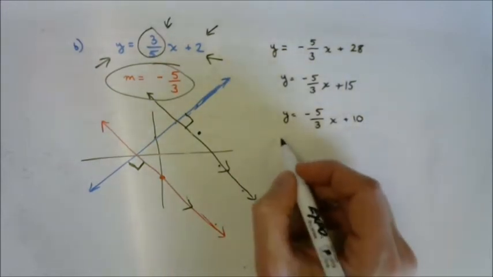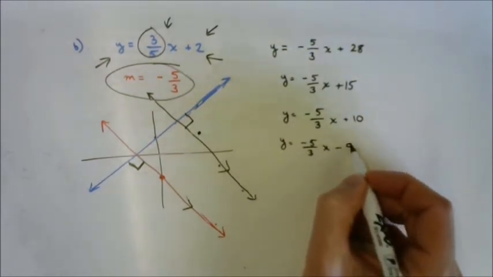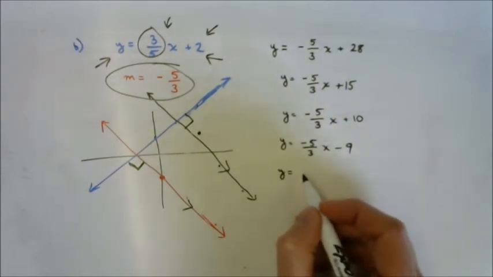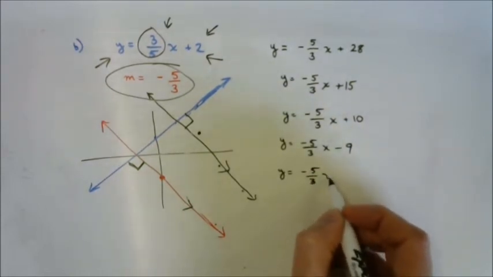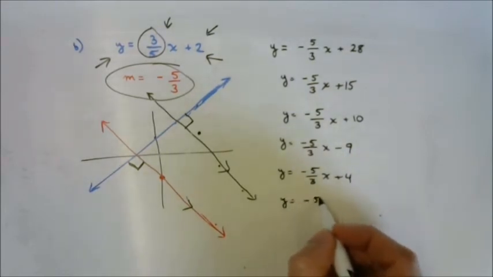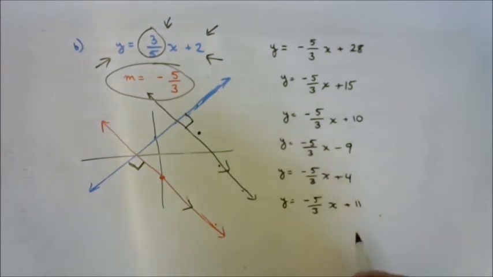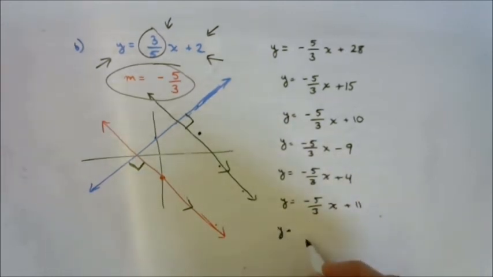Good. Jenna? Y equals negative 5 over 3x minus 9. Olivia? Y equals negative 5 over 3x plus 4. Sam? Y equals negative 5 over 3x plus 12. Emily? Y equals negative 5 over 3x minus 17.